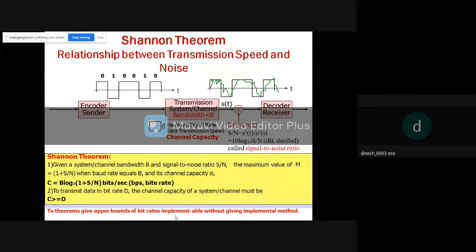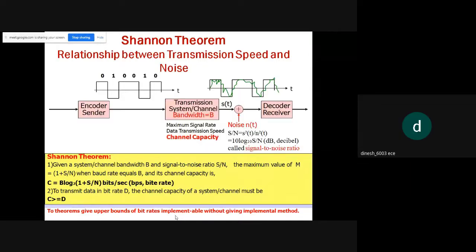The channel capacity C, when the baud rate equals B, is equal to B log to the base 2 of 1 plus S by N, the signal to noise ratio, which is measured in bits per second or bit rate.